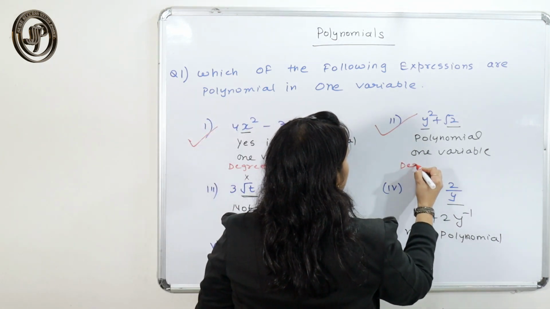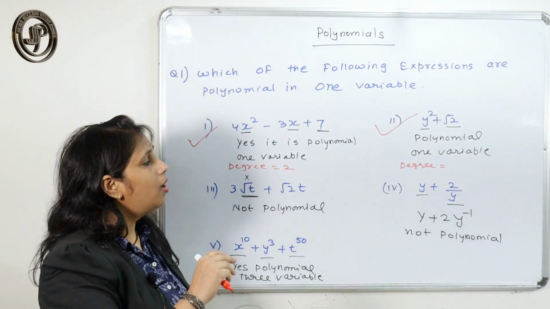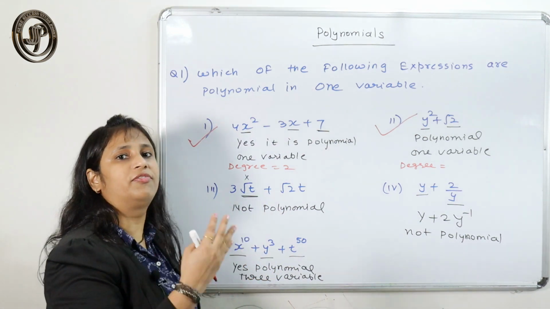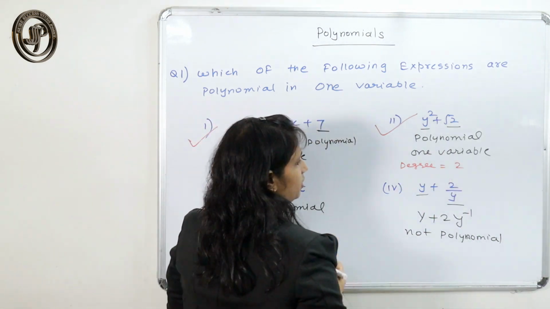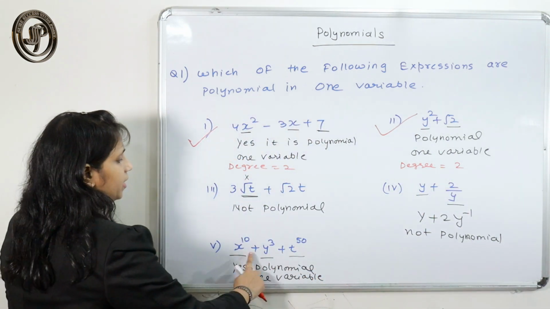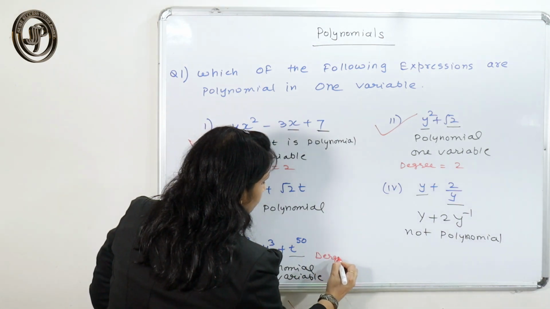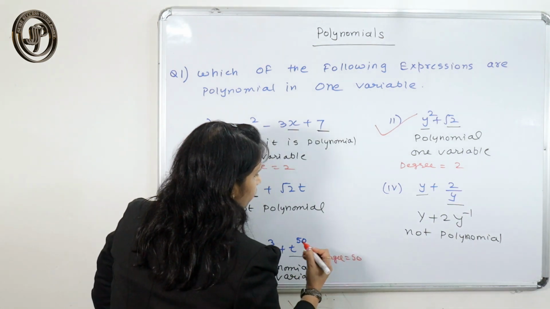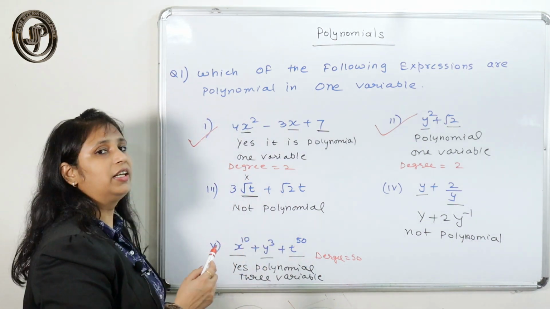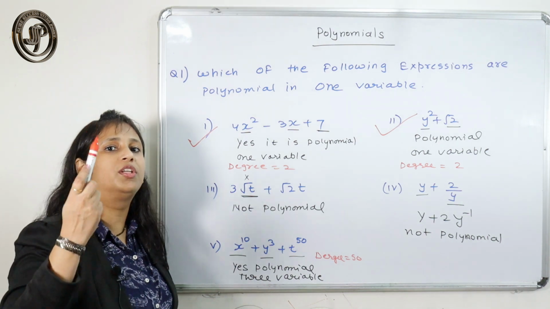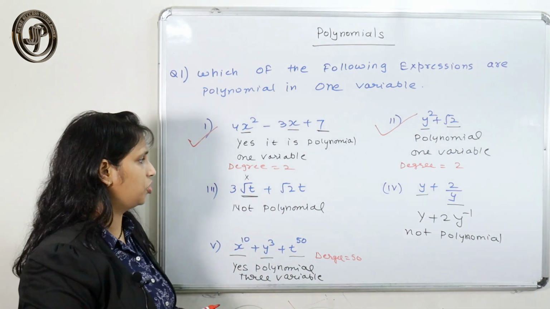Here the degree is, it is not asked in this question, but I will tell you, if they ask you to find the degree, how will you find it? Here the highest power is 50, so the degree is 50. There is no specific name for a polynomial with degree 50, so you will just call it a polynomial with degree 50.